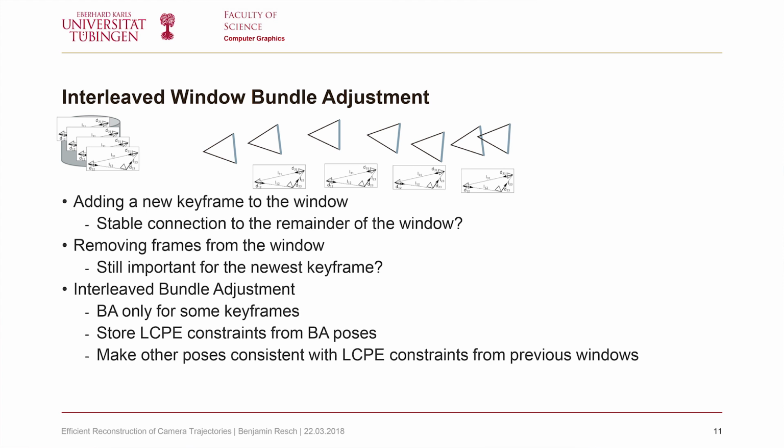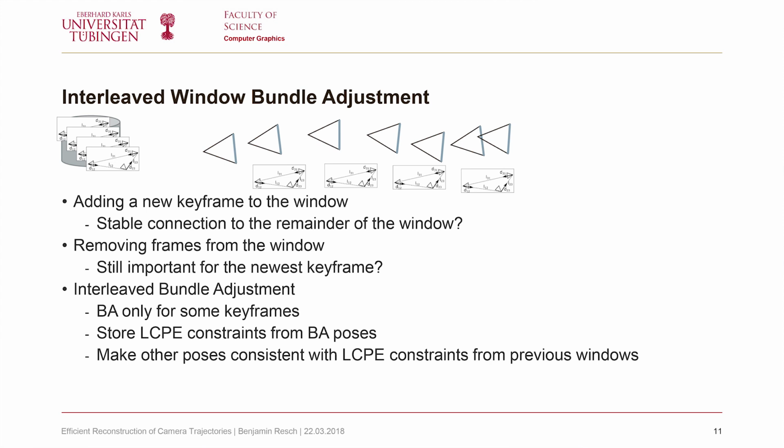Now the question is how to get the other camera poses consistent with these optimized poses. And therefore, for those changed camera poses which were optimized with bundle adjustment, we keep those relative pose constraints from this linear camera pose estimation technique. So in principle, for all possible triplets among those cameras, we share the relative poses and we just put those relative poses into a database.